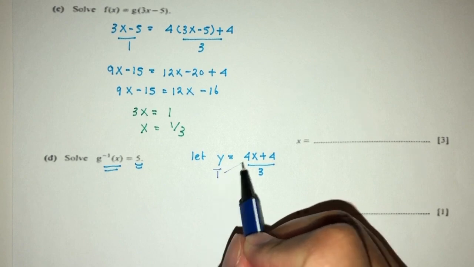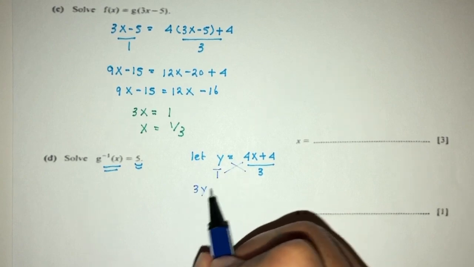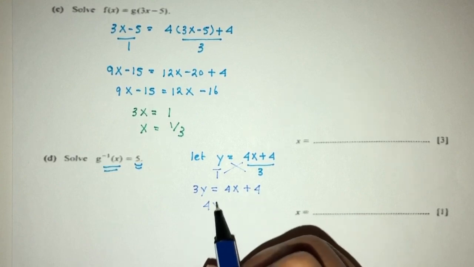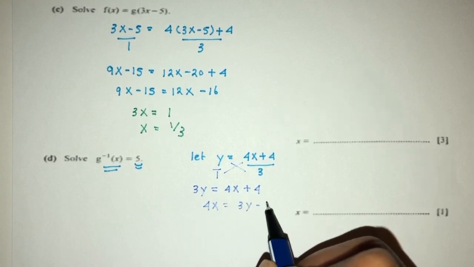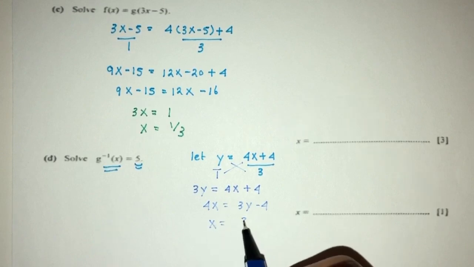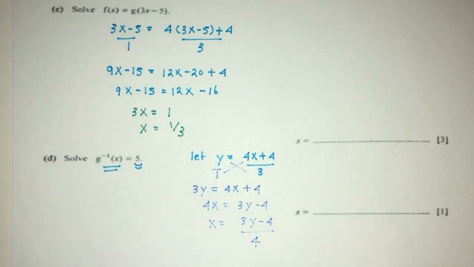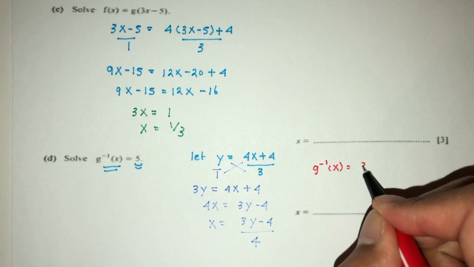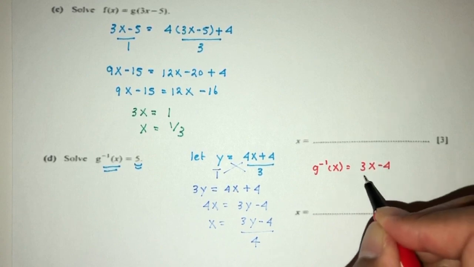So first, we cross multiply. You will have 3y is equal to 4x plus the value of 4. Now 4x will be 3y minus 4, and x will be 3y minus 4 divided by 4. So we conclude the value of g inverse of x has to be 3x minus 4 over 4.